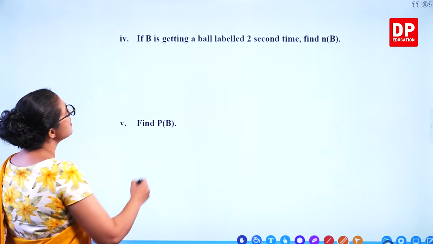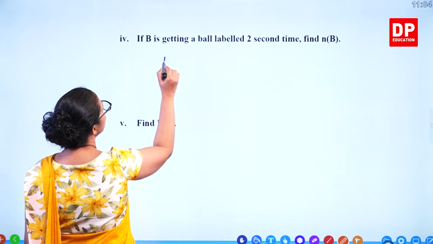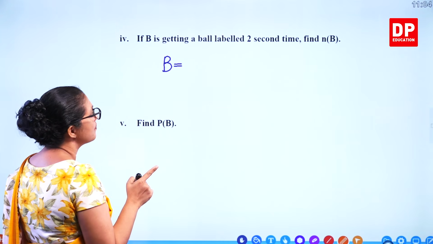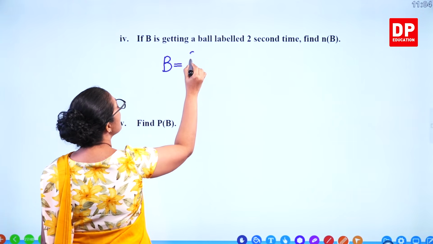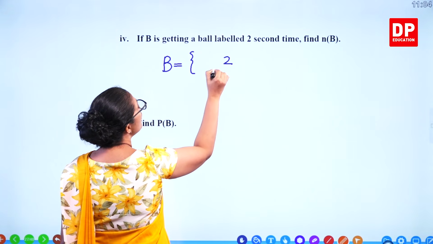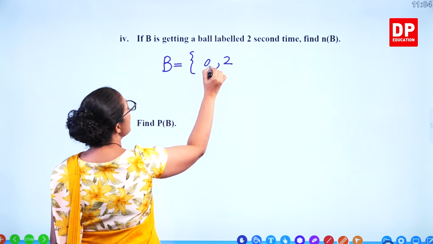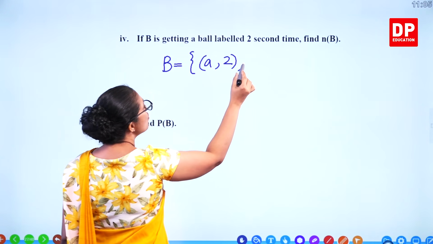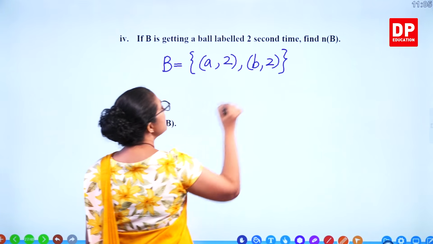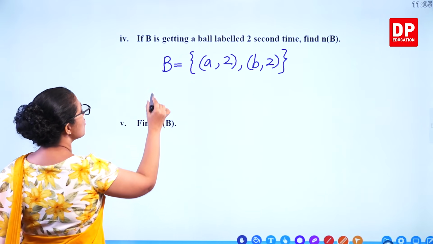If B is getting a ball labeled 2 the second time, find NB. So what are the possibilities? Second time you need to get 2. You can get 2 with A or 2 with B. Those are the two possibilities you can get. So what's NB?